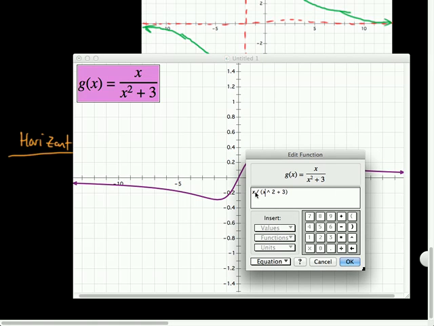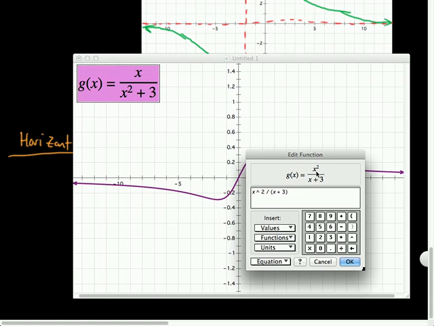What if the numerator has the larger exponent? Now think about this. Which of these is going to grow faster when x gets bigger? x squared, right? Comparing a parabola to a line, x plus 3, the parabola is approaching infinity faster.